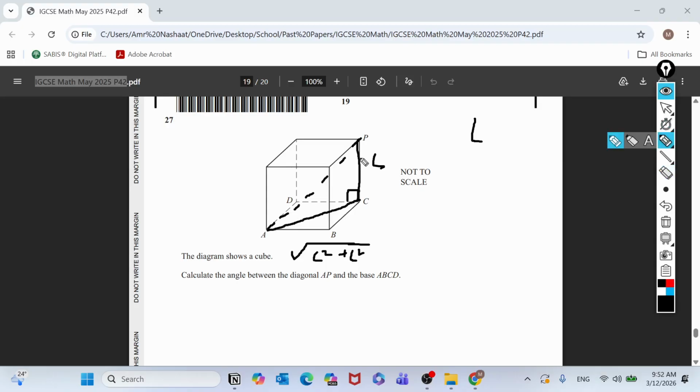Now we have the opposite and the adjacent, so we can use tan theta. This angle is theta. Tan theta is equal to what? L over the square root of L squared plus L squared.